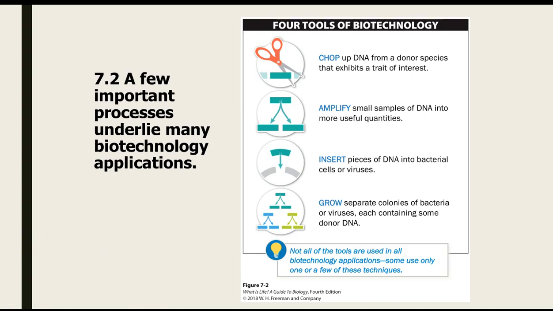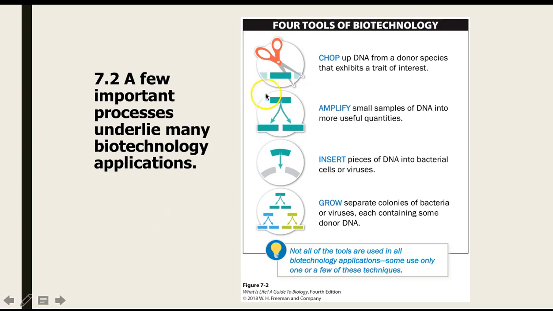So there's a few tools that we're going to step through here and get to know pretty well. It says chop, amplify, insert, and grow, right? So chopping just means to cut DNA, and we'll talk about how you can literally cut DNA out of organisms that you're interested in and put them in other organisms.